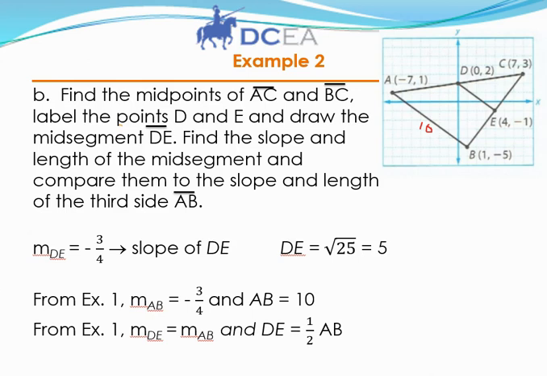So what does that mean? That means that they're parallel. DE is parallel to AB. And we discovered that DE is 1/2 of AB. Because DE was 5, we can fill that in. And we've now solved what they asked us to in the problem.